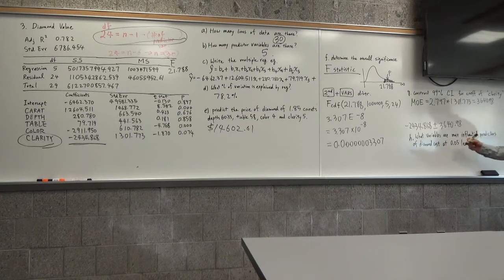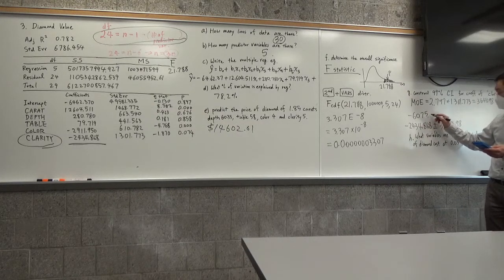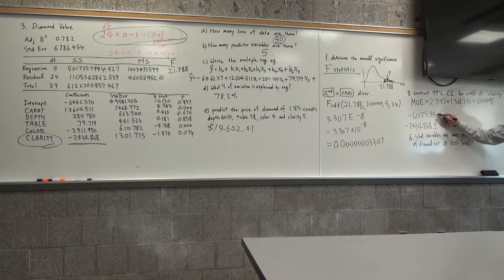And the result is that it can go as low as negative 6075.84. And it can go as high as, if you add these two, you get 1206.11. It can go as high as this value. So if you add these two, you get this. If you subtract the two, you get this.